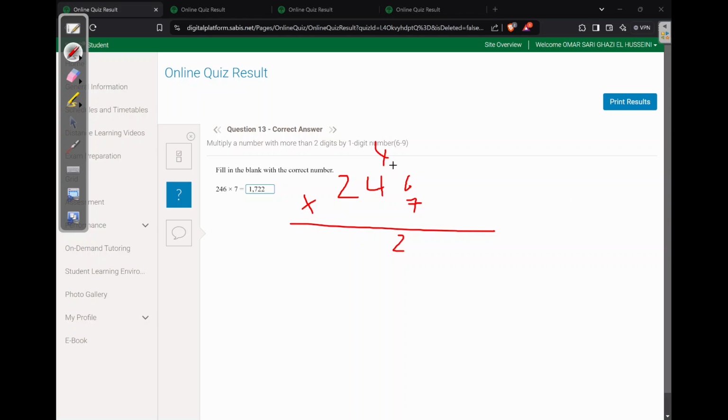We add that 4 equals 32. 7 times 2 equals 14. We add that 3. Now the answer is 1,722.